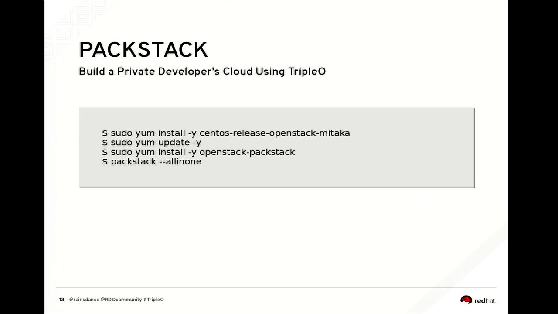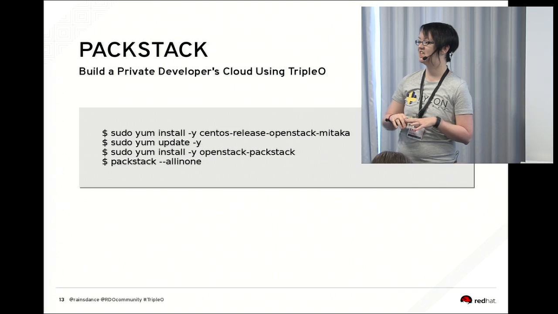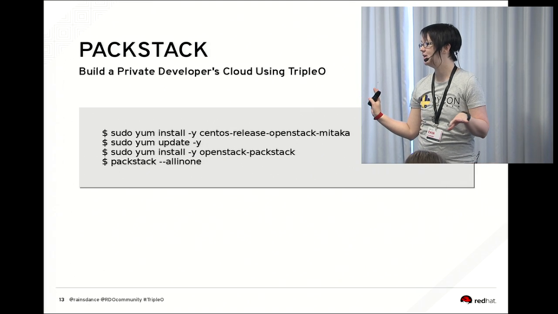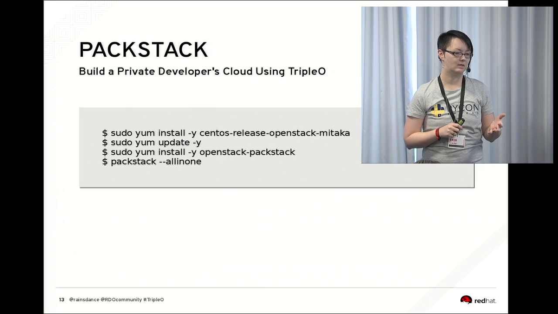Packstack, as I said, it's 4 lines of code. There are a few prerequisites for your system. As I said, RHEL, CentOS, and so on. The system that you are building it on needs to have at least 16 gig of RAM, preferably 32. This is a recent requirement. It used to be that 16 was plenty, but then the latest version of OpenStack came out, called Mitaka.